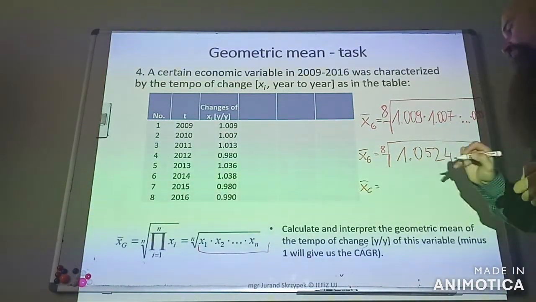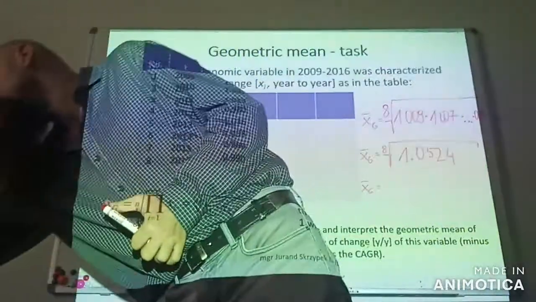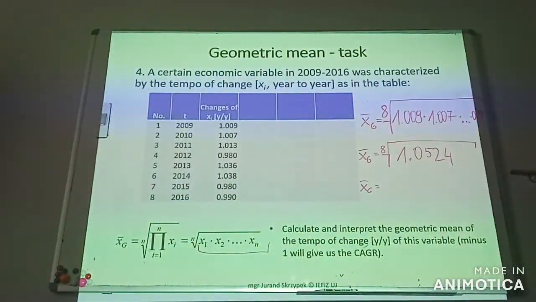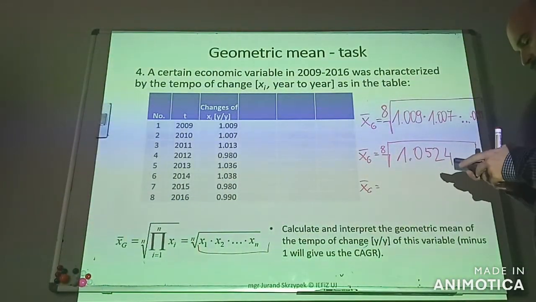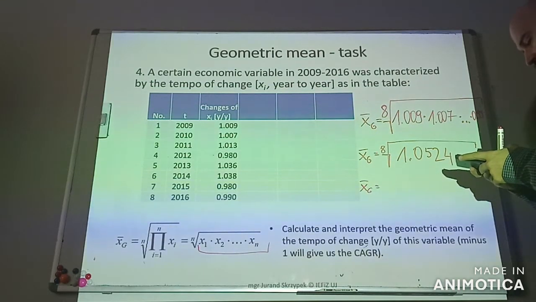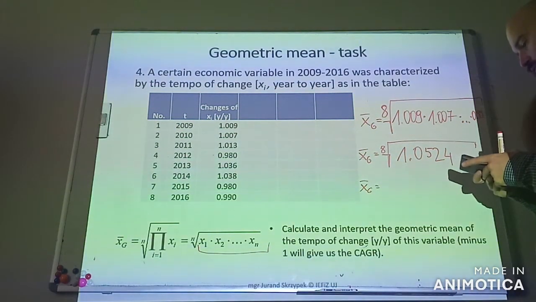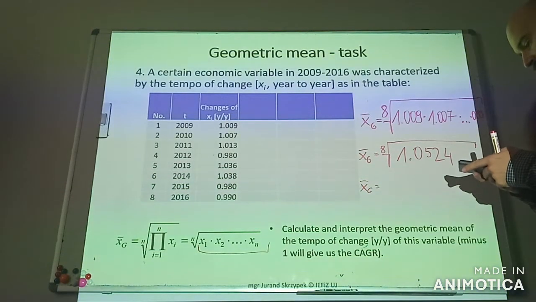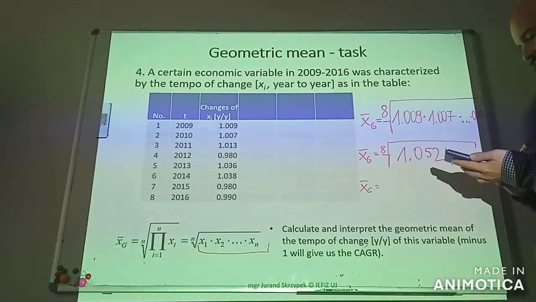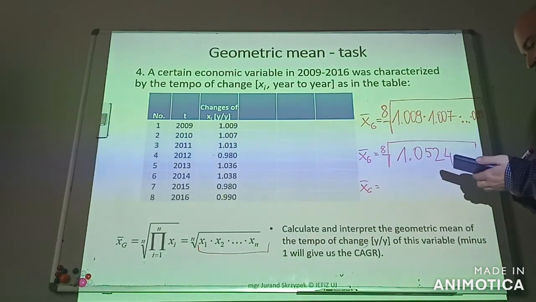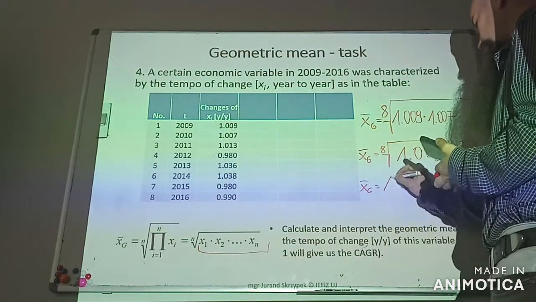So the geometric mean is 1.0524 raised to the power of 1 over 8.